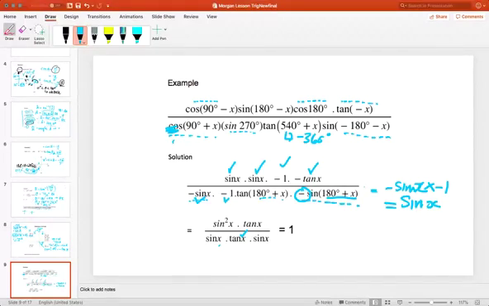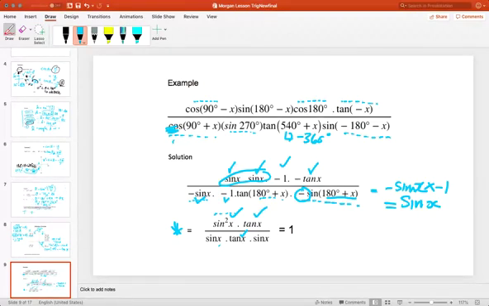And now all that we do is we cancel wherever we can. So if we have a look at the next step over here, let's see what we've got. Where does this sine squared x come from? It comes from sine times sine. That gets me to sine squared x. The tan x is negative 1 times negative tan x, which is tan x.